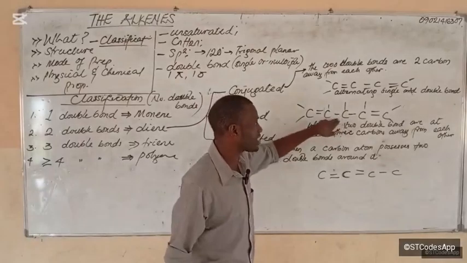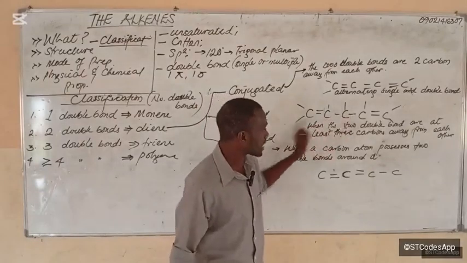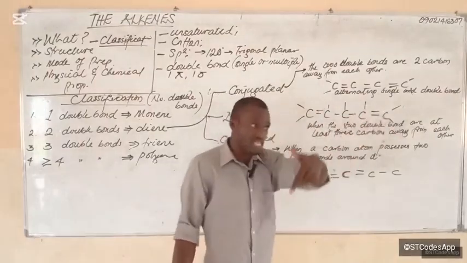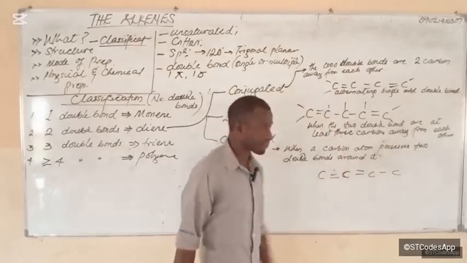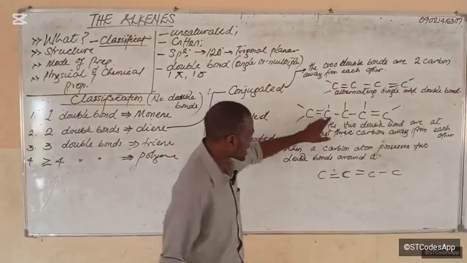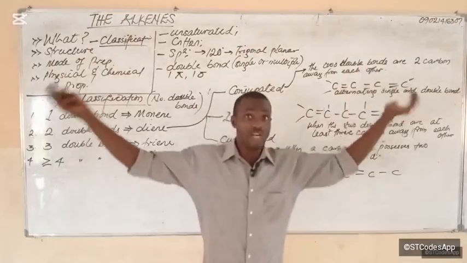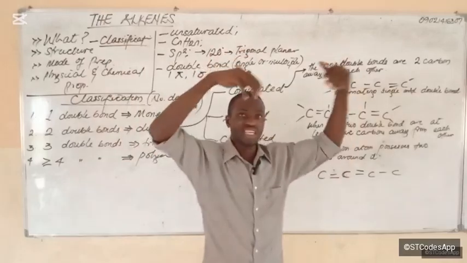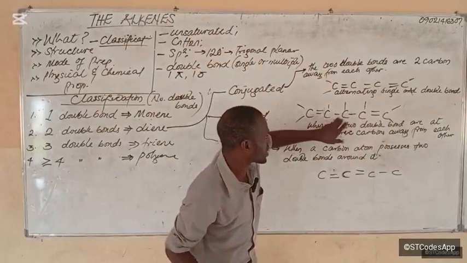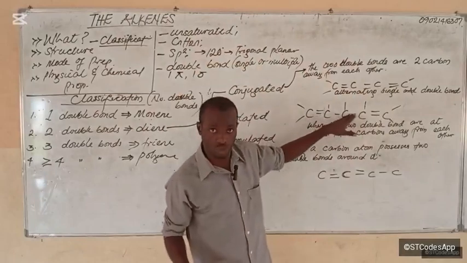So if you had said that when two double bonds are two single bonds away from each other, then that is also correct. But I hope you understand. This is isolated because the double bonds are far away from each other. It's not immediately followed. For example, double bond, single bond, double bond, that's conjugated.